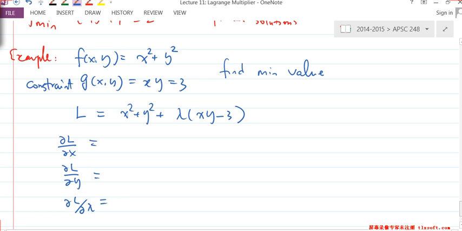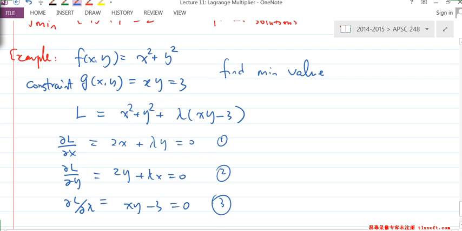I think they're pretty simple. Should be pretty easy to find out. Three equations. Now you start to solve. 1, 2, 3.